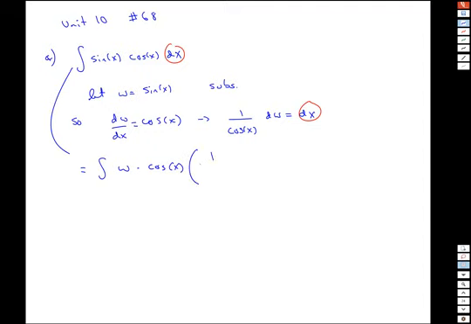But then we have dx, which is 1 over cos of x dw. And the beautiful thing about that is now the cosines cancel. That's lovely. I'm sorry, this is nothing like the circular example I was talking about earlier. My bad. I apologize. This is actually easier in a lot of ways. We get w squared over 2 plus c, so we get sine squared of x over 2 plus c.